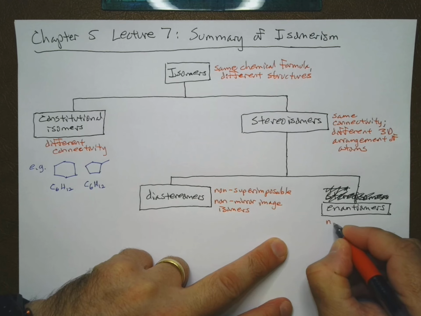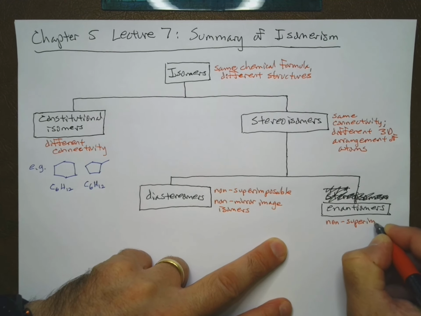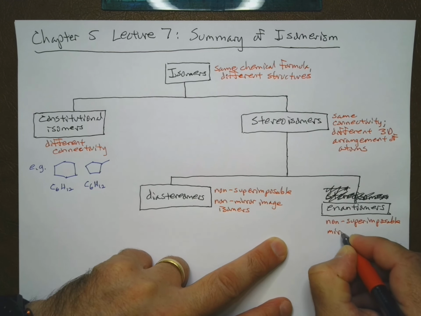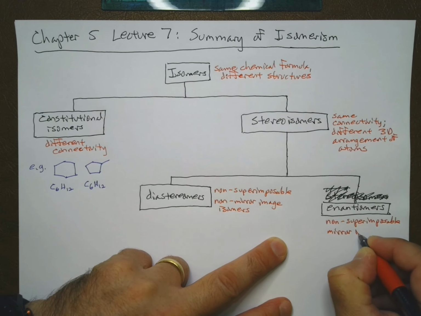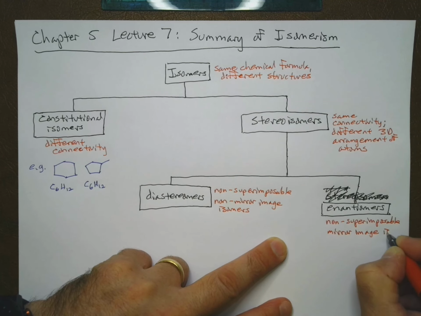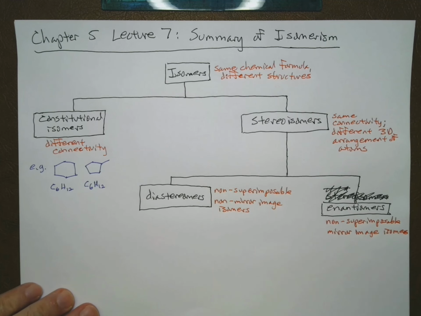Enantiomers are non-superimposable, mirror image isomers. Sorry for squeezing that in there. Isomers.